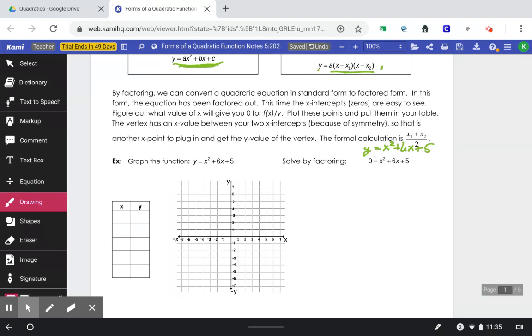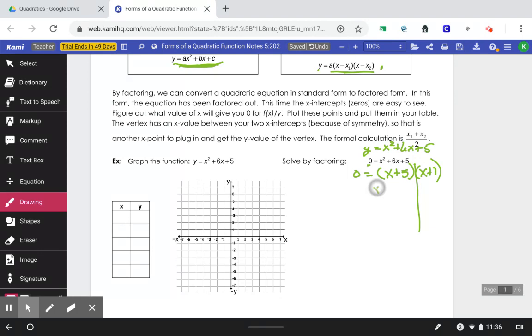I want to know what my zeros are, so I am going to write this in factored form. Like last unit, I'm going to set the equation equal to 0. Now I'm going to factor this. When I factor it, I know I can split this up into (x plus 5) times (x plus 1). I'm going to solve for my zeros or my roots.